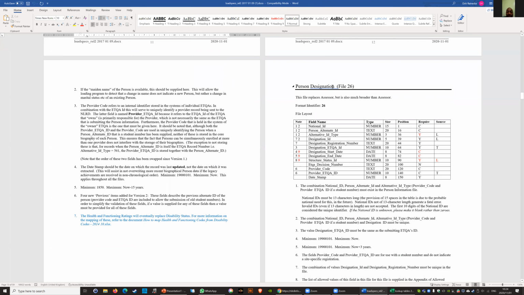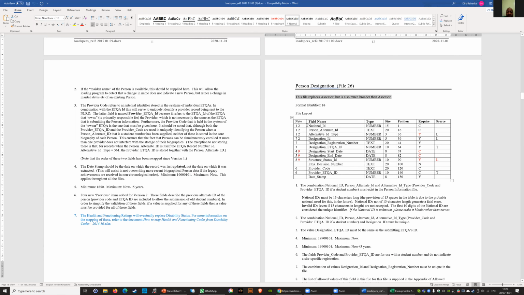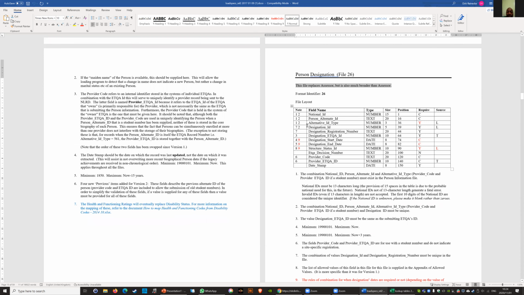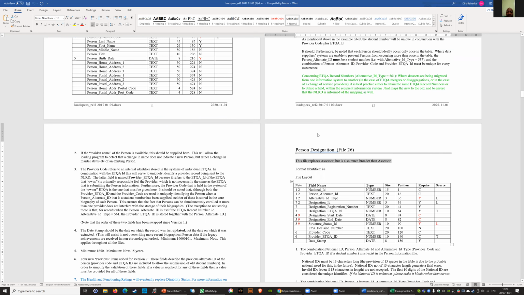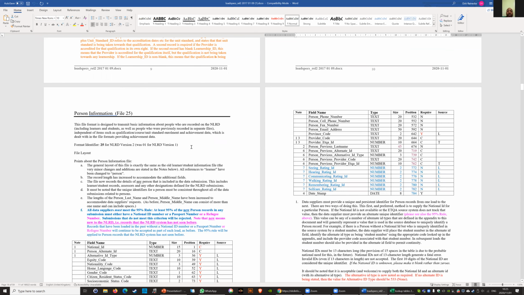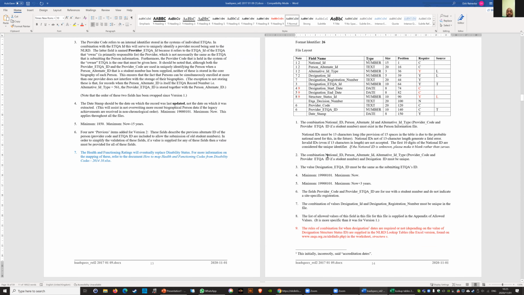And then file 26 is the person designation. We can see here they always talked about the assessor, but now it is the person designation. The person designation is the person who says that the learner is ready. So file 25 goes with file 26.